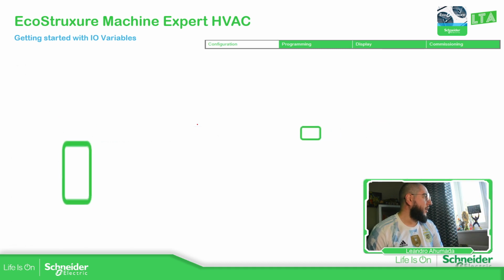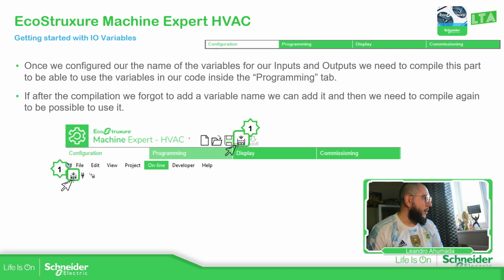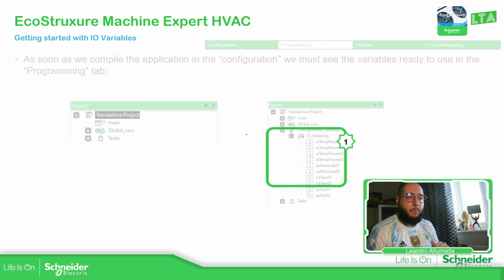Once you have done that, you just need to compile. The idea of compiling is for us to easily see the variables that we have created or named for the digital or analog I/Os, to be used in the programming part.